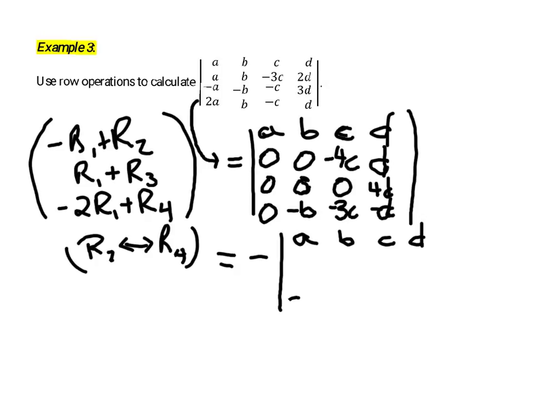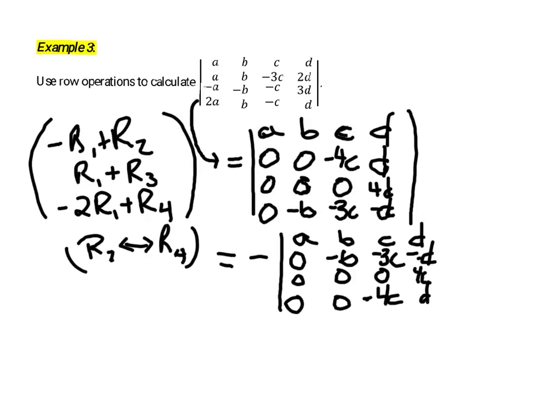Every time you swap rows, that changes the sign of your matrix. So row 2 is going to move down here to row 4. Row 4 is going to move up here to row 2. Negative 3C, negative D. And row 3 staying the way it is. 4D.